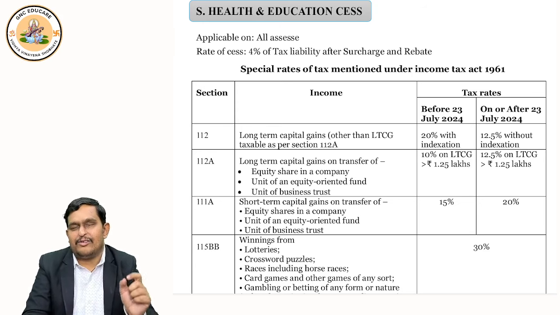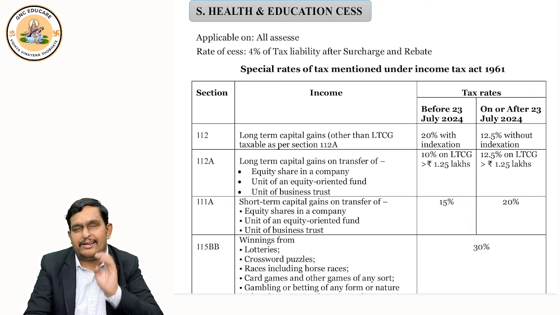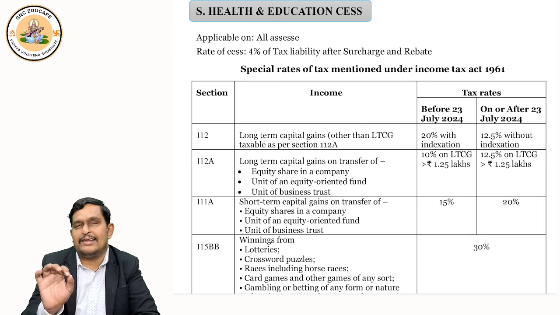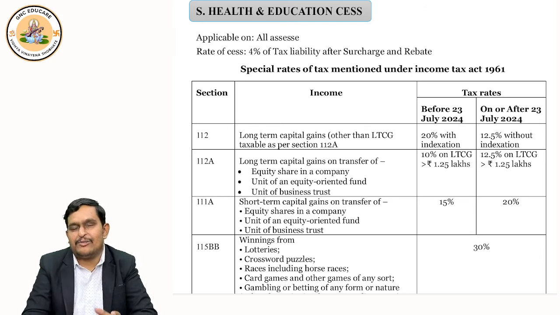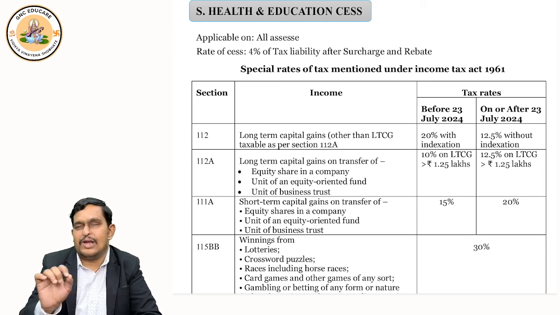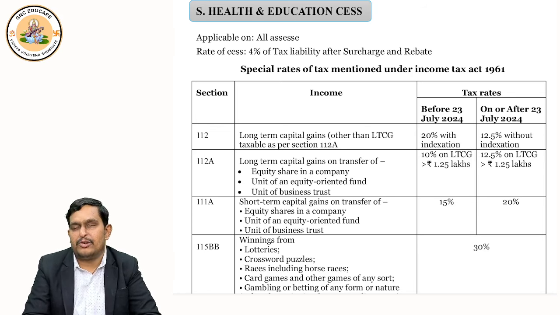Now another section, 112A. Now this is long-term capital gain only. But how much is the rate? Earlier it was 10%, but now it is 12.5%. But please remember, when I am talking about 112A, I am talking about stock, shares, listed securities, and units of business trust also.